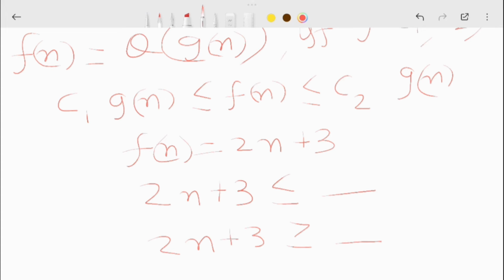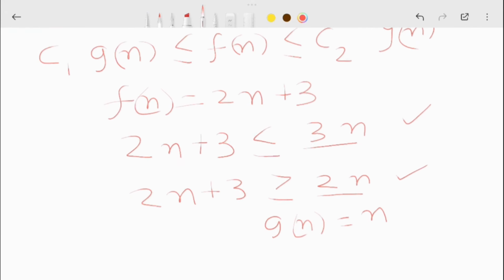So we can use 2n plus 3 is always less than 3n. This is true. And 2n plus 3 is always greater than 2n. This is also true. So now we use the same g of n, that is n.